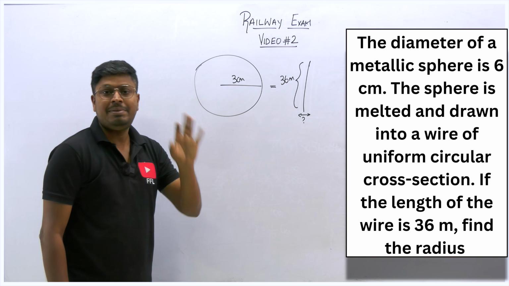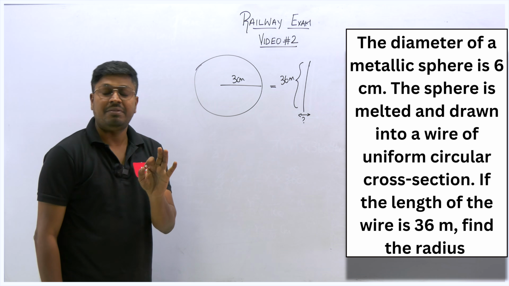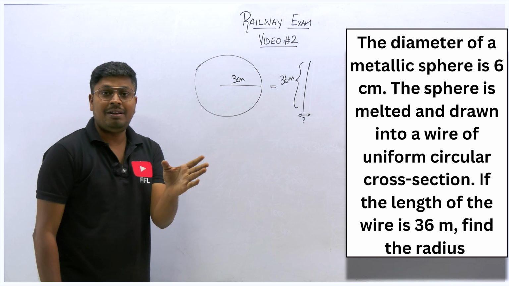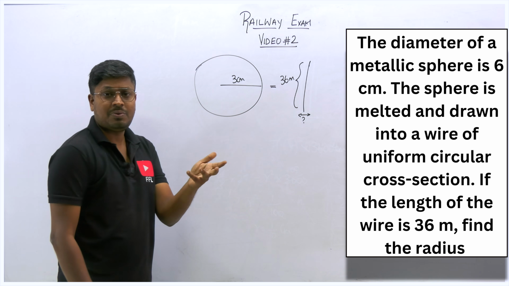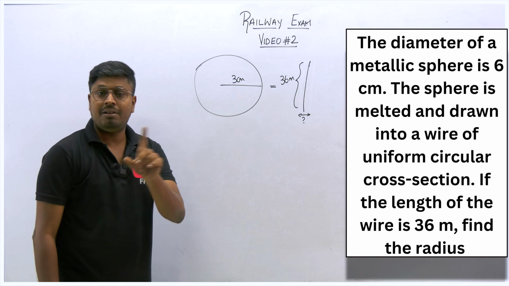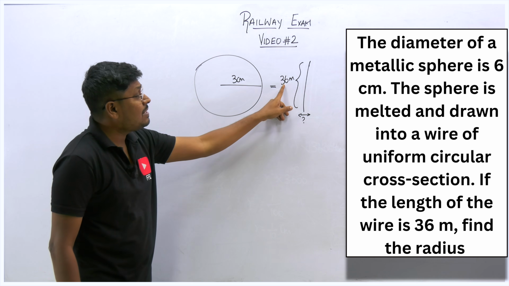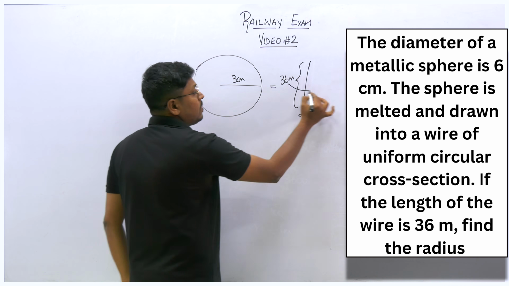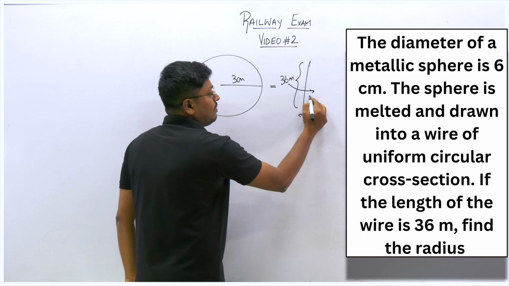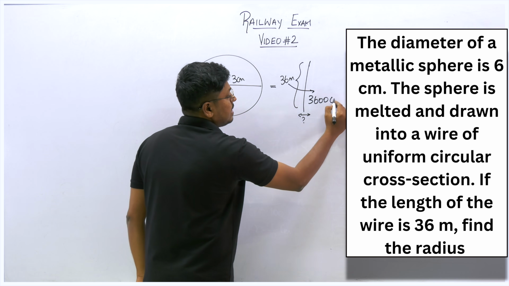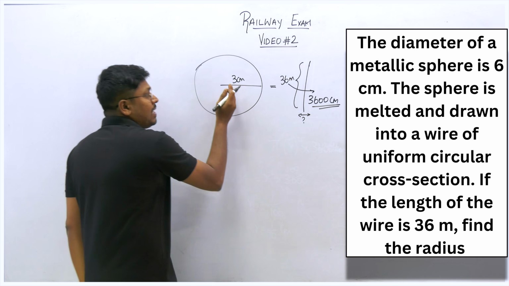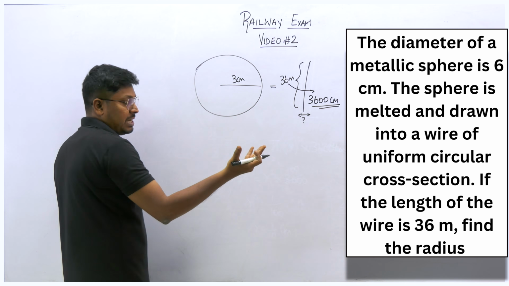That will always be the easy way to solve the question. We know that 100 centimeter is equal to 1 meter. Sorry, in the previous question I told 1000; 100 centimeter is equal to 1 meter, right? So 36 meter can be written, in centimeter, as 3600 centimeter. Now we have both the values in terms of centimeter.